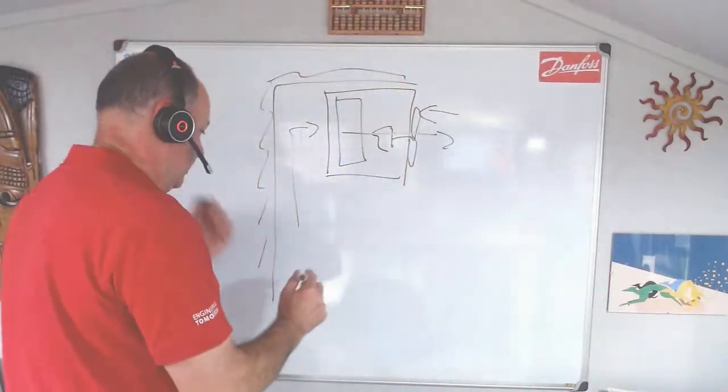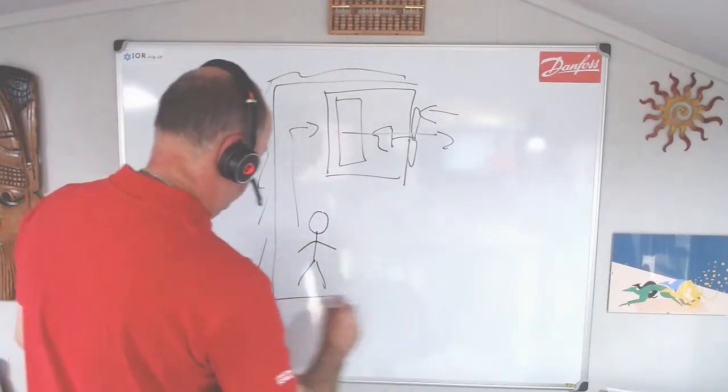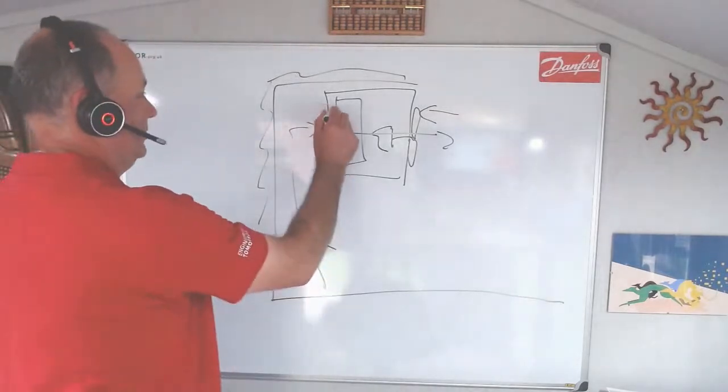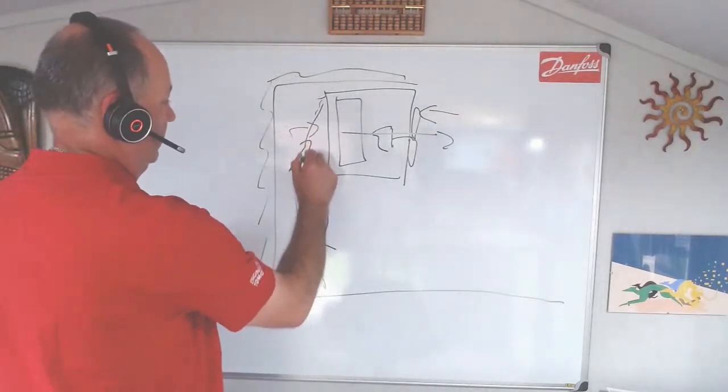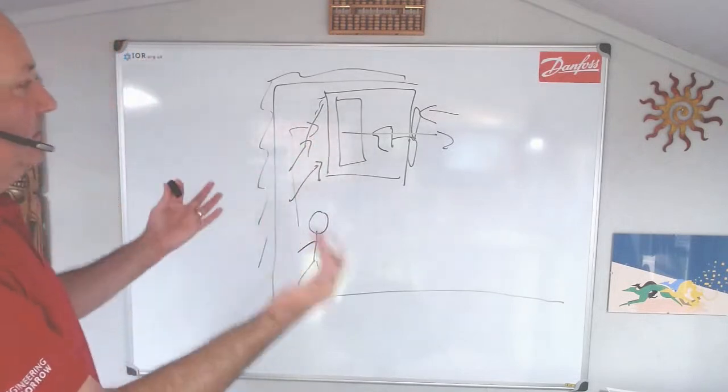One thing to say, just generally about the evaporators: you're stood down. Hopefully you can see my stick man on the floor of the cold room. I think you can. We can see this face of the coil, so he can look at that, and he'll look up and he'll say, yeah, it's clear of ice.